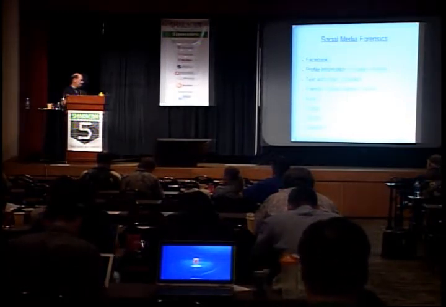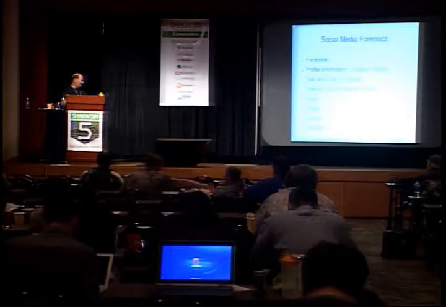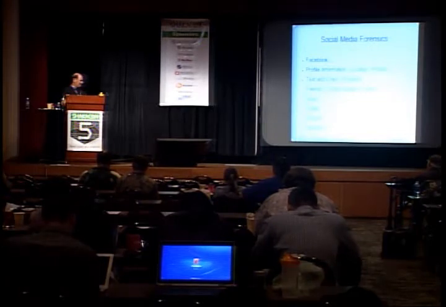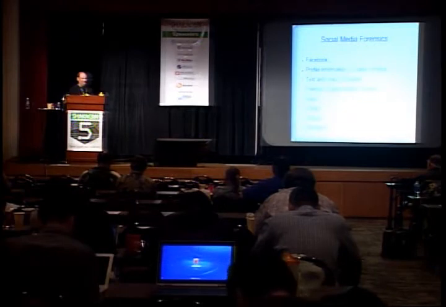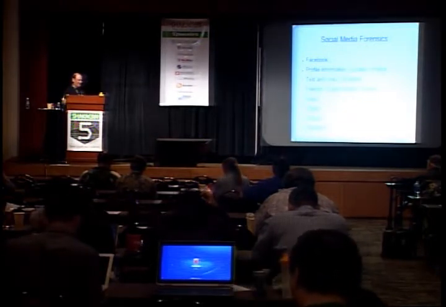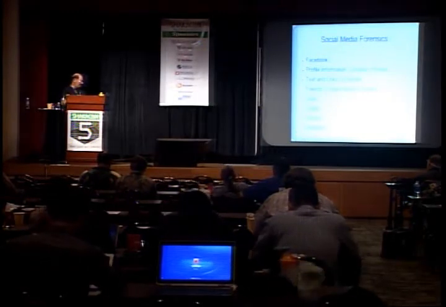Facebook gives you a little more granularity in identifying who some of these people are that somebody's associated with. Now, everybody's going to jump up and say, well, there's privacy and protection and all that kind of stuff. Well, yeah, there is, but it's also a moving target, and there are also ways around it.